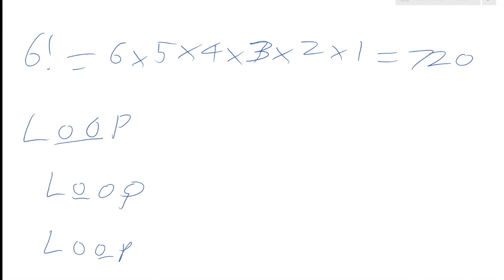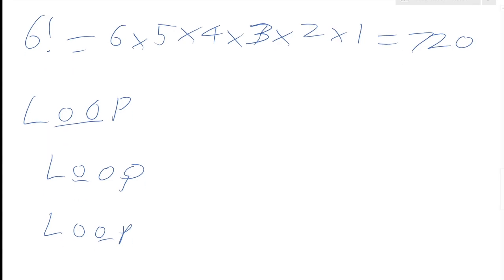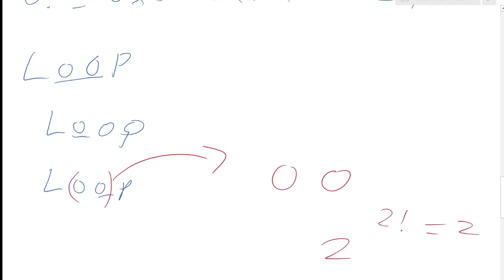Well, what we can do is break off these 2 O's into their own group. Now, there are 2 things in this group, and we know how many different ways there are of ordering them: 2 factorial, which just equals 2.